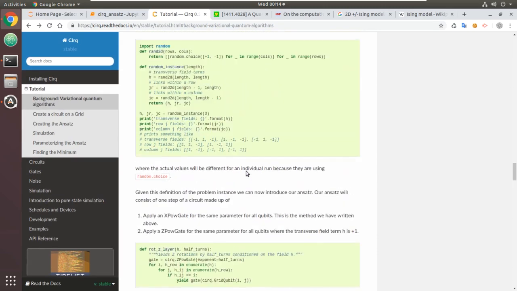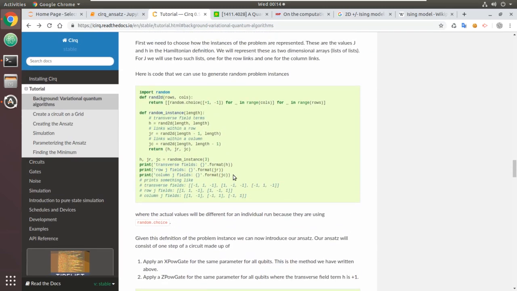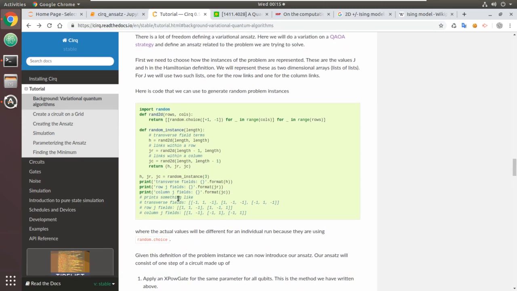But I still don't understand the problem representation. Why are we using two lists for J? Row J fields, column J fields.